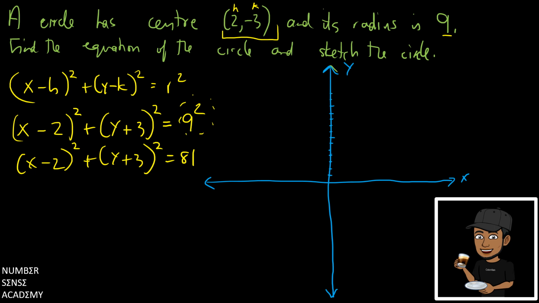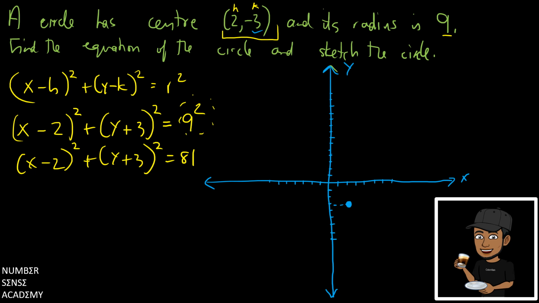Once I find the center of the circle, I'm just going to do some easy transformations to get the values that I need. So the center of the circle is at 2, -3, which is about here. Okay, that's the center of the circle.